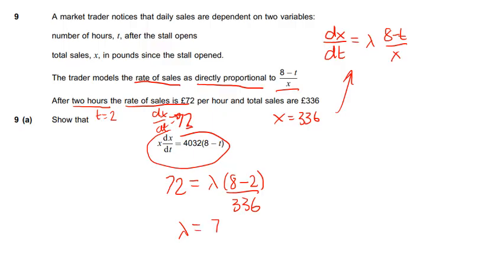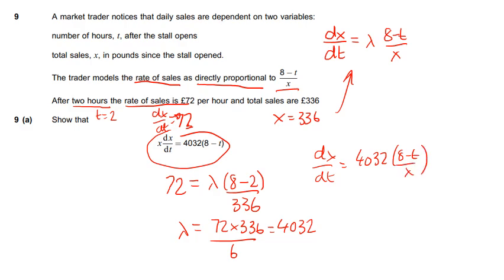So lambda is equal to 72 times 336 divided by 8 minus 2, which is 6. Now if we put all that together, we get a value for lambda of 4032. So dx by dt is equal to 4032, 8 minus t over x. And then if we just move the x across to the left-hand side, we get the expression that we needed. Okay.